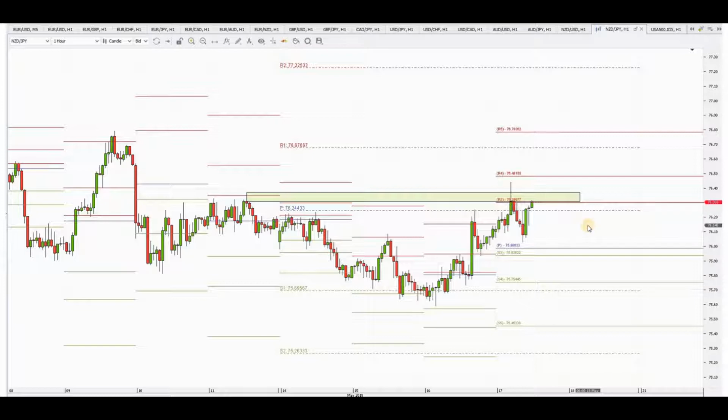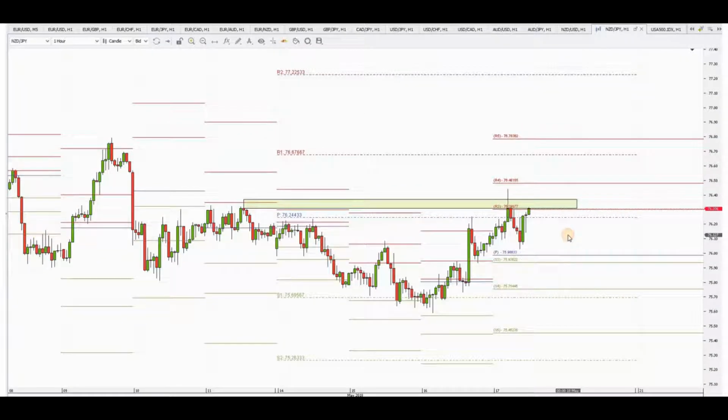But it doesn't mean we have to go long and short. This indicator doesn't tell us to go short or long.